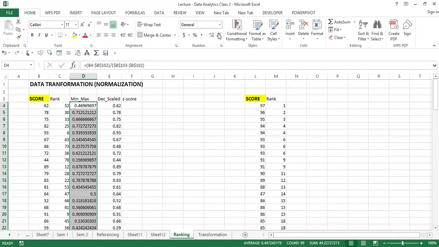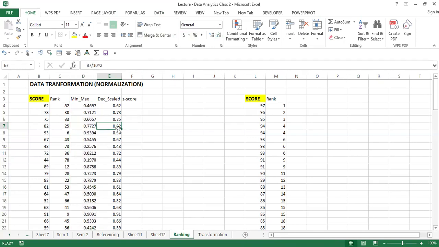What does it do? Decimally scaled will reduce numbers to between -1 and +1. Yes, if there are negative numbers, that's where you have minus. But if there are no negative numbers, of course, there will be nothing like minus. So it will be between 0 and 1.